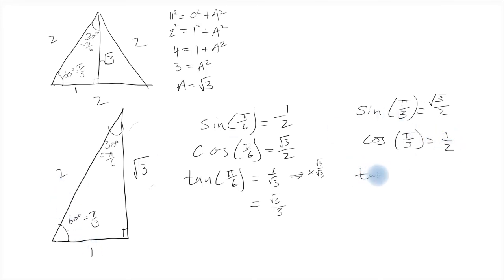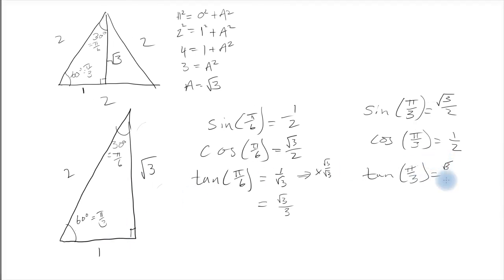And tan of pi on 3 is opposite over adjacent, so that's root 3 on 1. Root 3 on 1 equals root 3.